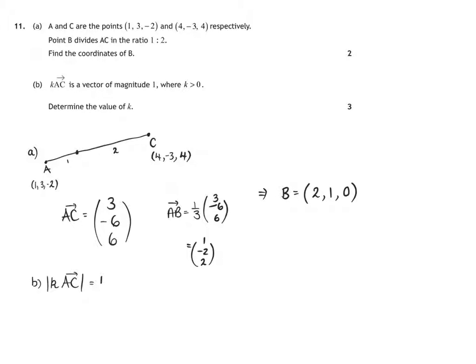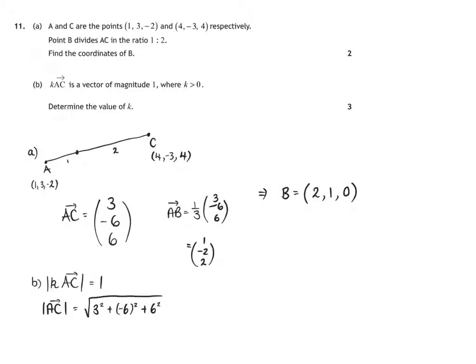Okay, so to do this, first we need to find the magnitude of AC to know what that k needs to be to make it 1. So to find the magnitude of AC, that is the square root of 3 squared plus minus 6 squared plus 6 squared, because we're using our values for AC that we found in part A.